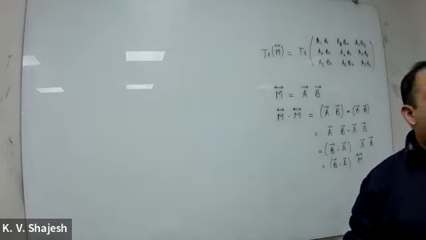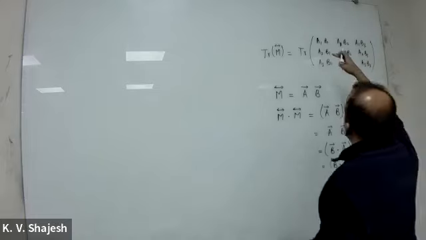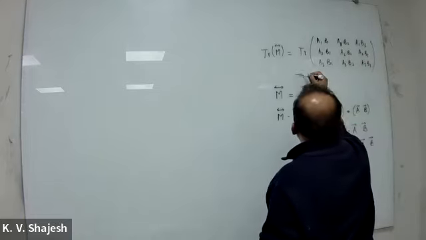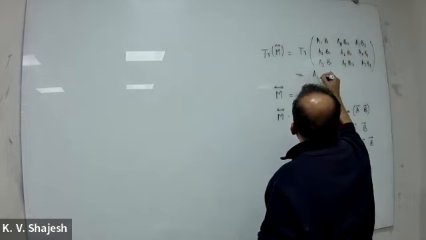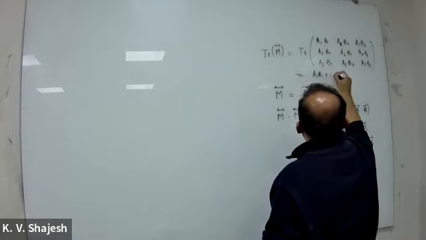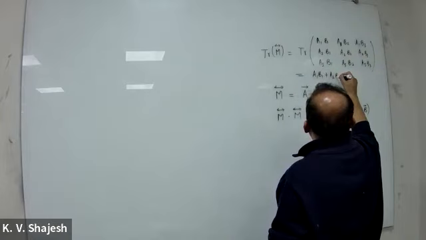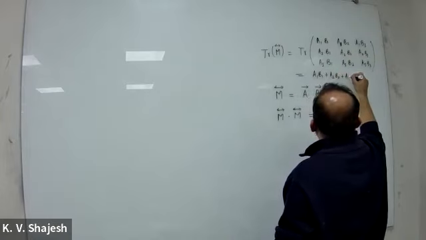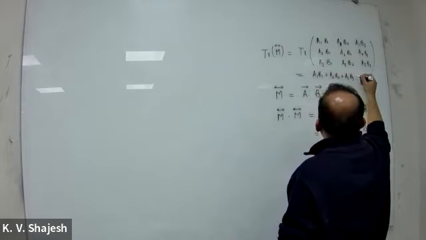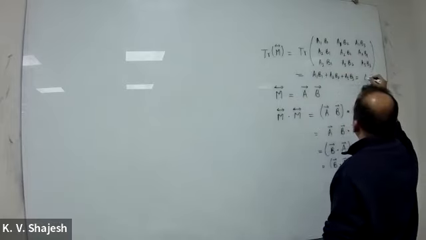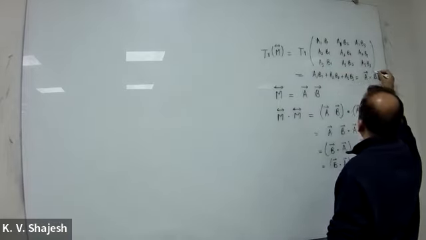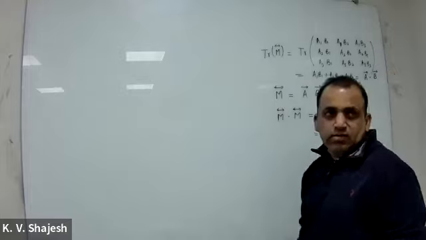Trace is the sum of the diagonal elements, so I pick up all of them: A1B1 plus A2B2 plus A3B3. That's equal to A dotted with B.